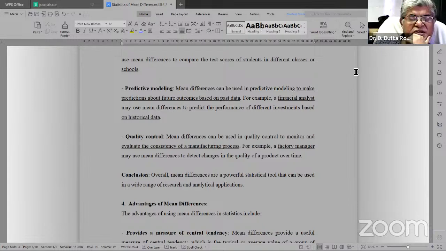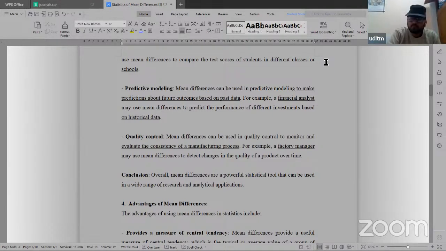Because when you are writing the mean difference, ChatGPT is considering all sorts of mean differences, and it includes the student t-test, the Welch t-test, as well as the F statistics. Therefore, it is not very clear. For example, you have used quality control also here and predictive modeling.